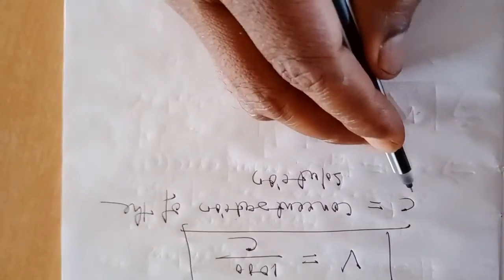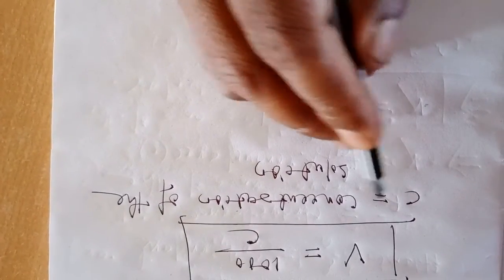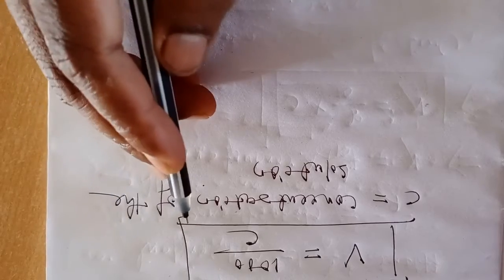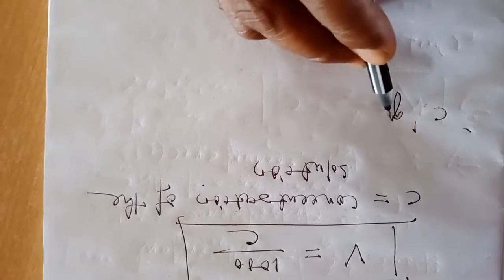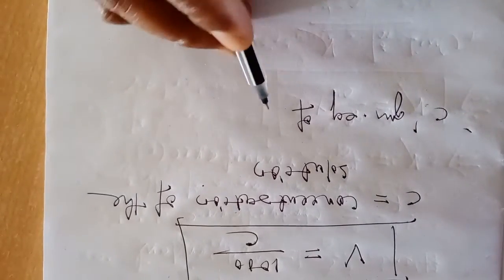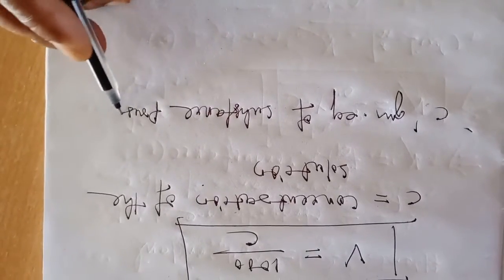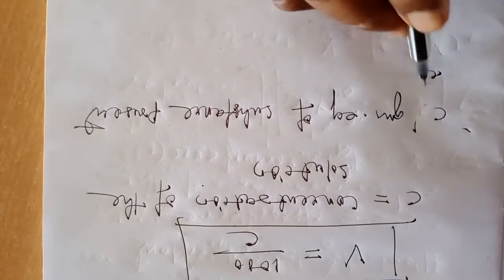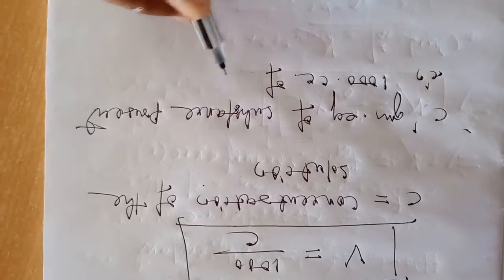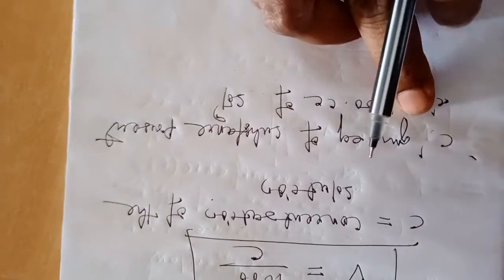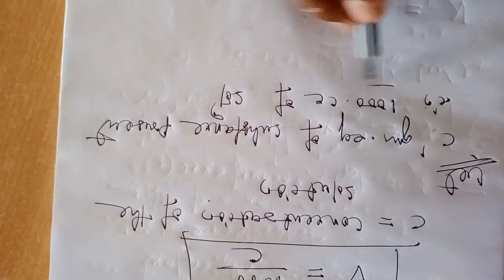Suppose C gram equivalent of substance is present in 1000 ml of the solution, that means C gram equivalent of substance is present in 1000 cc of solution.